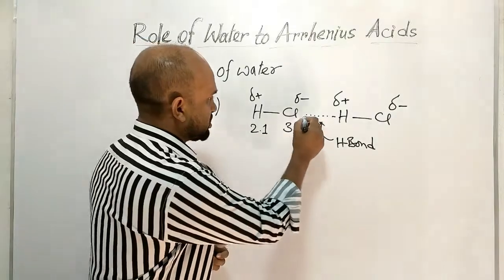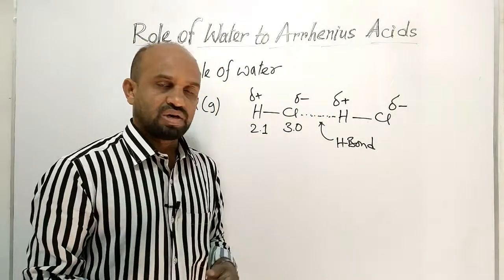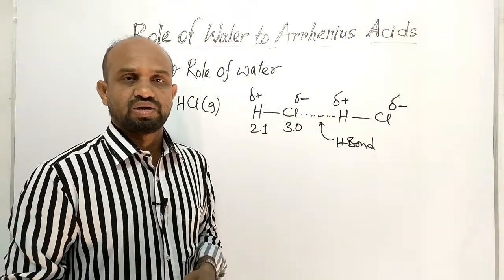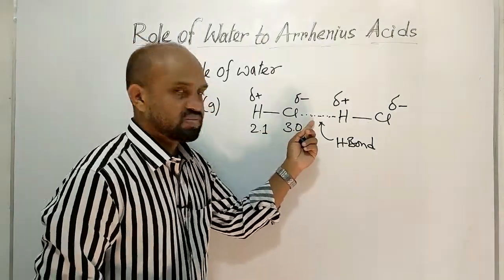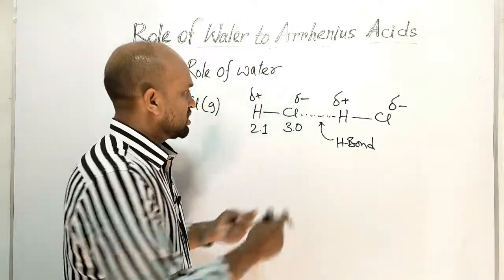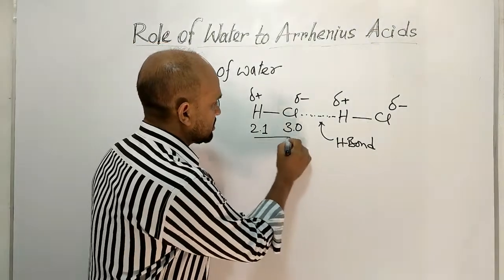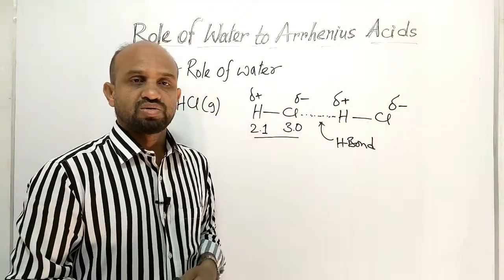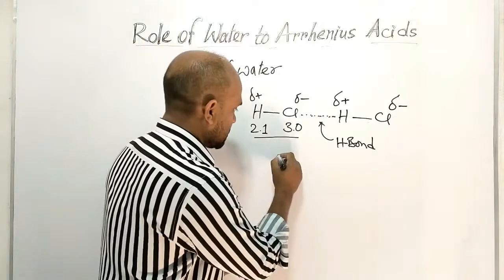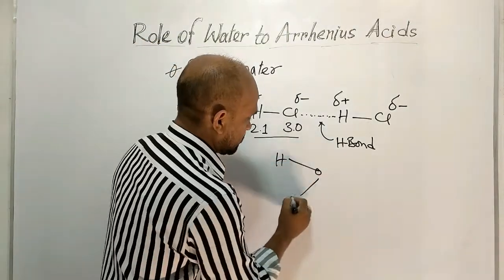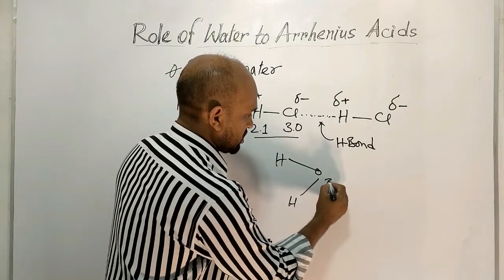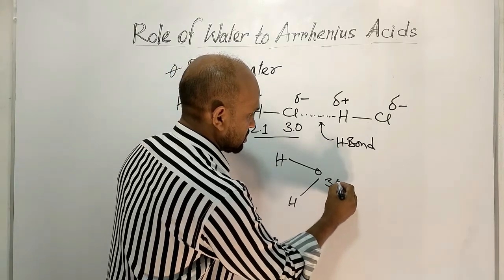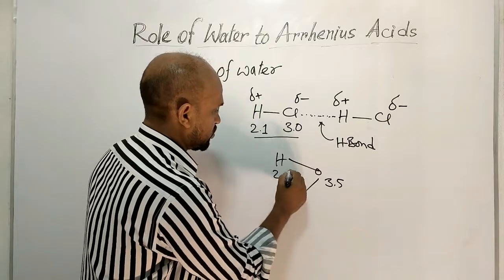If it was a very strong bond, the hydrogen chloride would be liquid like water. But this bond is very weak, because here the electronegativity difference is not as high as the electronegativity difference between hydrogen and oxygen in water. In water, the electronegativity of oxygen is 3.5 and hydrogen is 2.1.